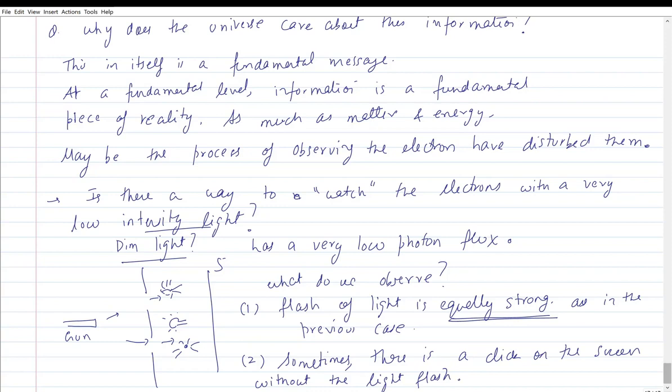So that's what the dim light does. If there is a flash, we know which path the electron is taking, and the flash of light is equally strong as in the previous case when we did this experiment with a bright light. And sometimes these electrons pass escaping the dim light, and then we get a click on the detector without the flash. So we divide our electrons into three categories.